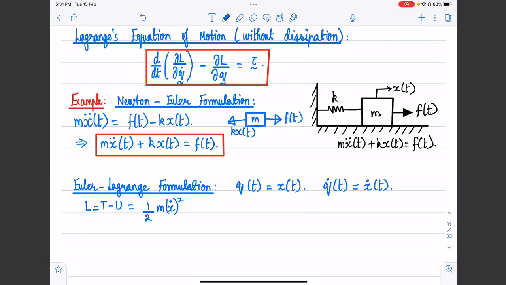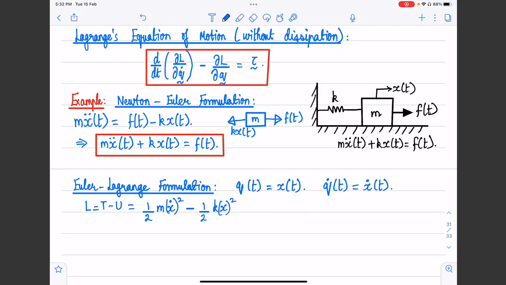As far as potential energy is concerned, we do not have any gravity term due to the mass because we are moving in the horizontal direction. The only potential energy term is due to the energy stored in the spring due to its displacement, which we know is 1/2 kx squared.